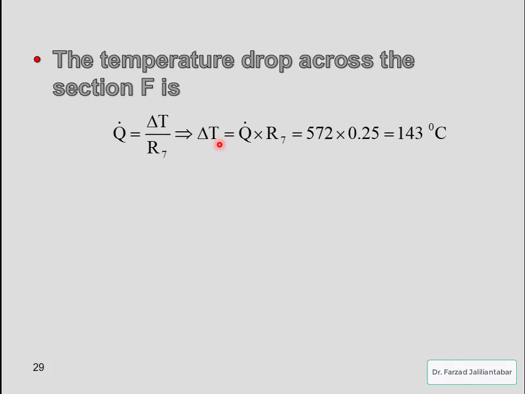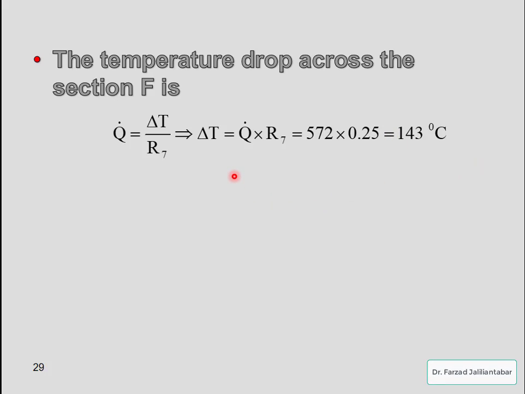Delta T is unknown. By rearrangement of this equation, we can calculate delta T. We know Q dot, or the rate of heat transfer through that section, and we know the thermal resistance of that section. Then by substituting the values for these parameters, we can calculate the temperature drop across that material.